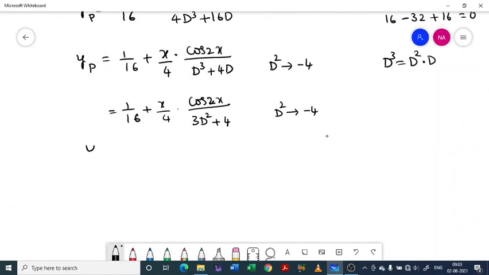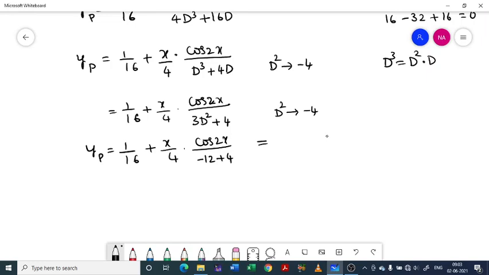So yp we got 1 by 16 plus x by 4 into cos 2x divided by minus 8.